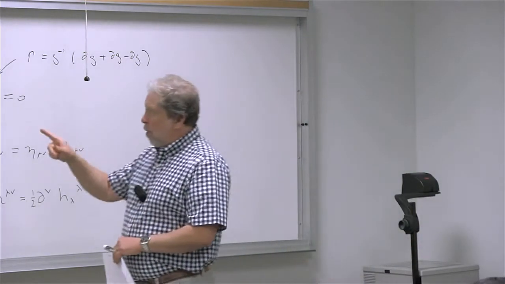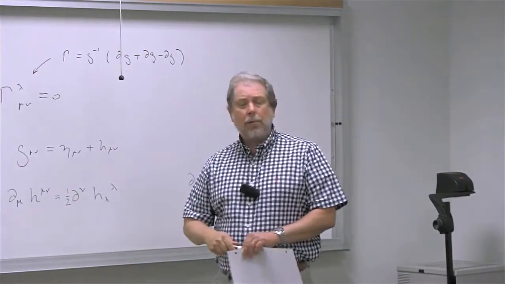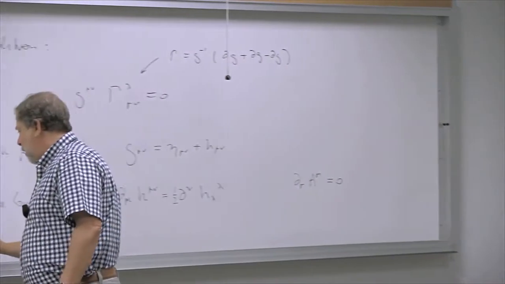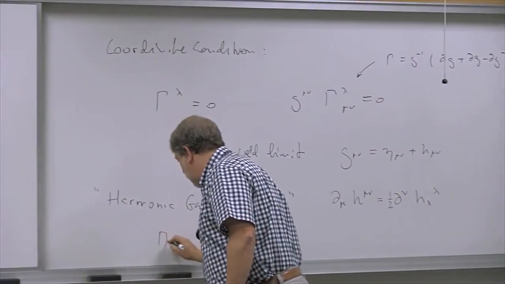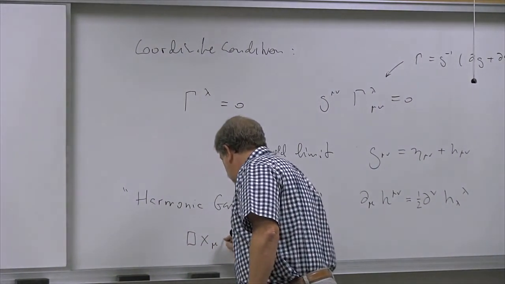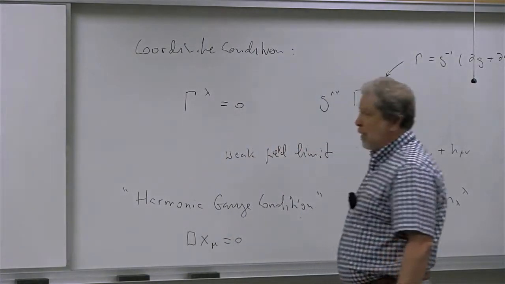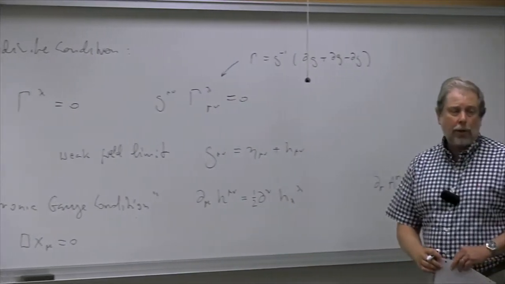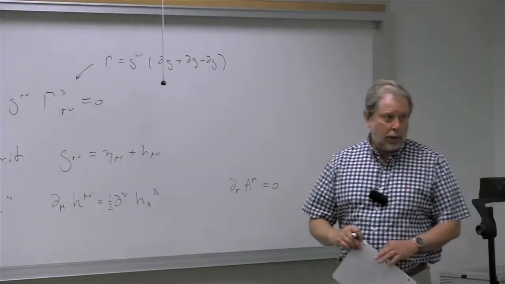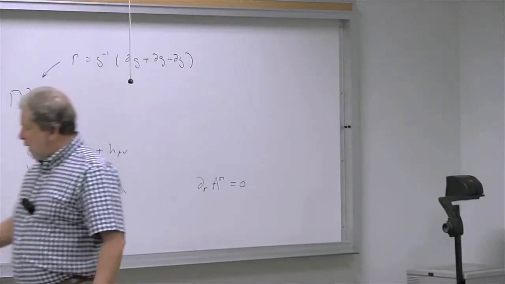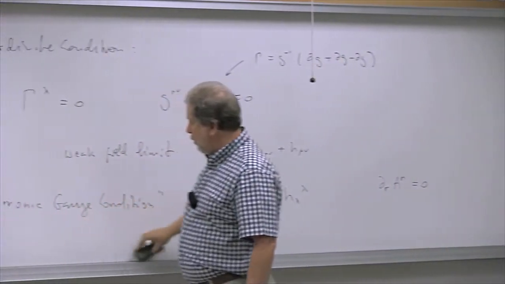And by a little bit of algebra you can show that in this coordinate system you have that box x^mu is equal to 0. So the coordinates satisfy the wave equation, therefore harmonic. That is why it's called a harmonic gauge condition.